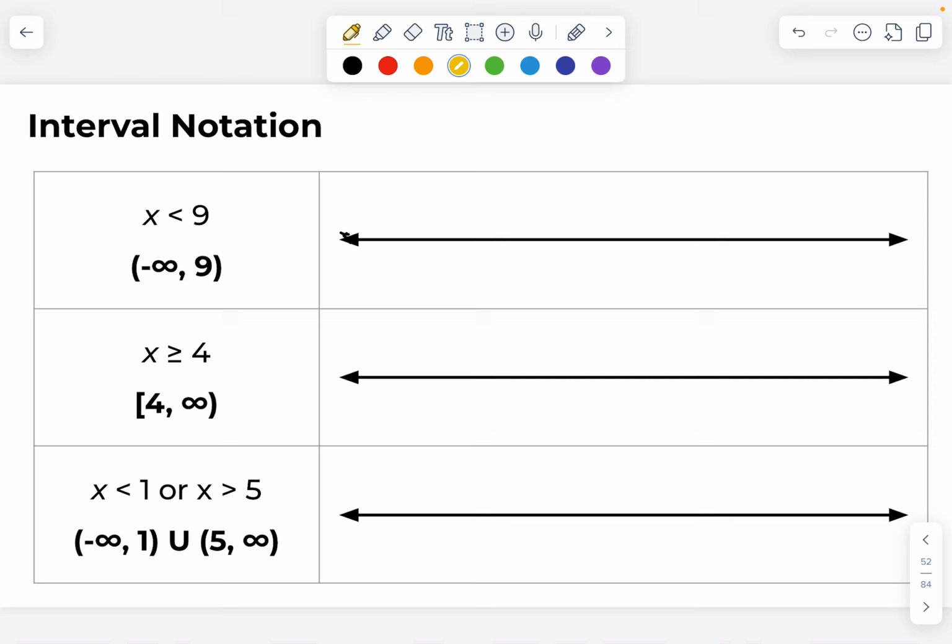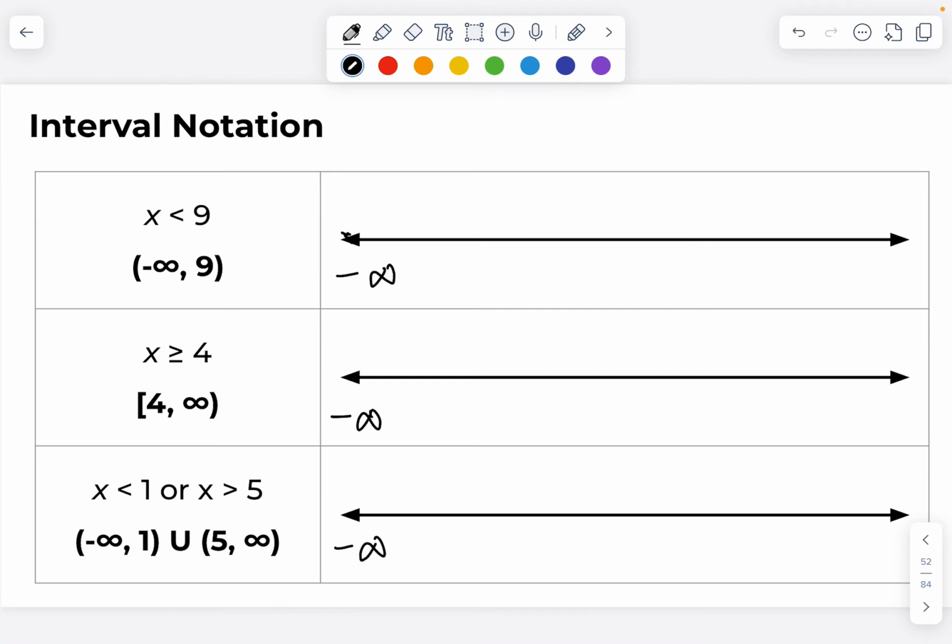Now let's look at some examples where we're going to infinity and negative infinity. Negative infinity is represented by the left arrow of our number line. Positive infinity is represented by the right arrow on our number line. Infinity, guys, is a concept of a number.